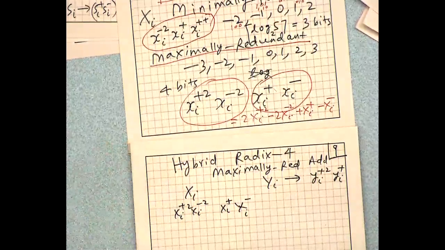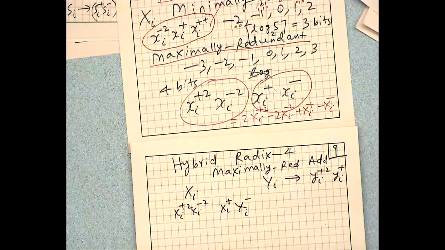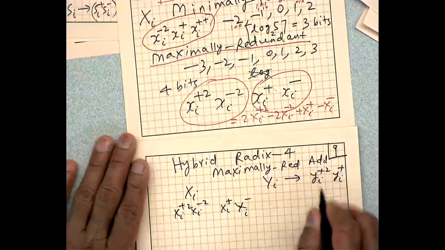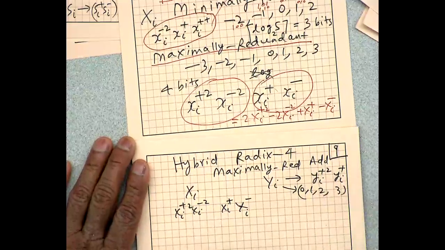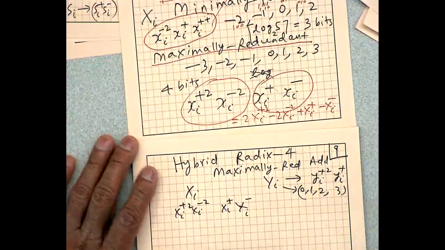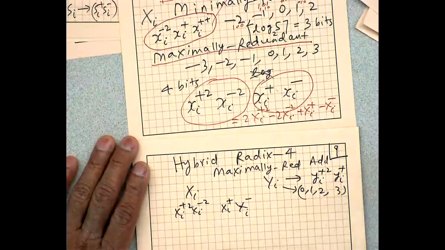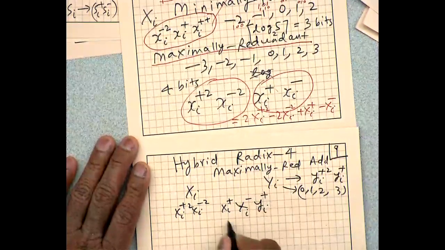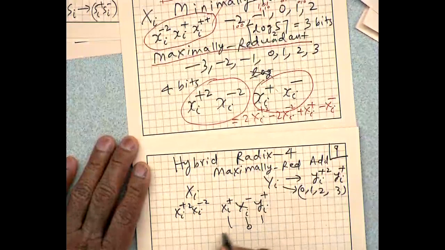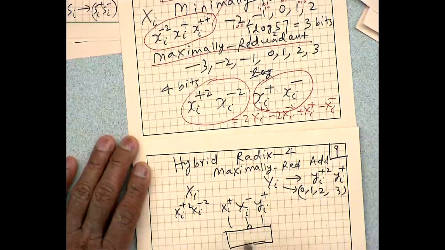So that is the number that lies between 0, 1, 2, 3, that's unsigned. And so how do we really add these? Well, if I take the yi plus and add these using a ppm adder, we have seen what those are.